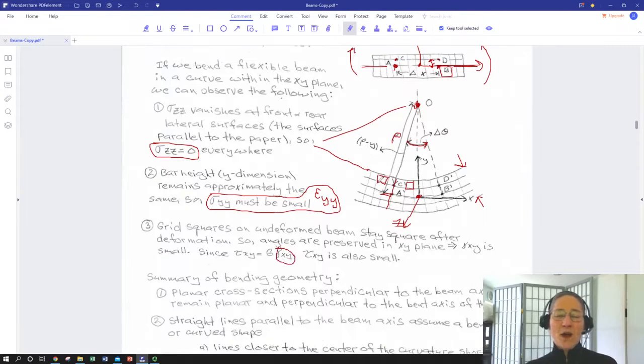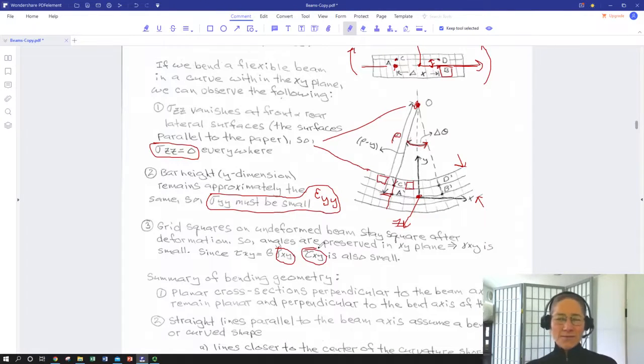So all these squares staying square is another way of saying that the shear strain in the xy is really small. Which means if the strain in the xy is negligible, even though our shear modulus is pretty big, the shear stress in the xy will also be small.